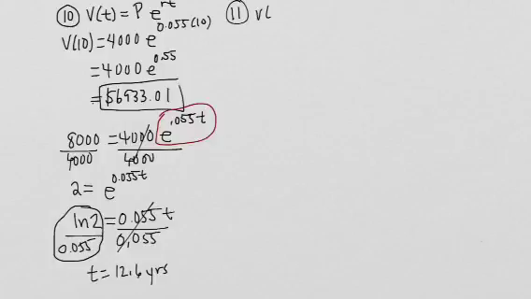For this one, we're going to use V of t equals the principal times 1 plus r over n, raised to the nt. We're using the same formula that we used in the beginning problems, right? And these are n's, not h's. I know they kind of look like h's.